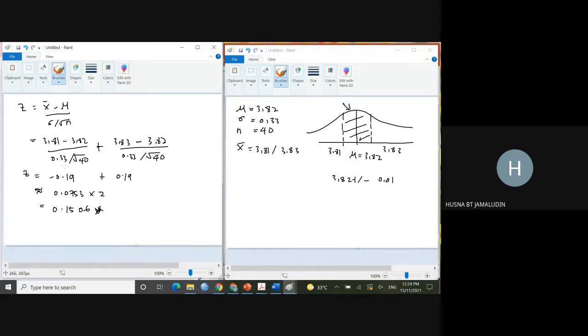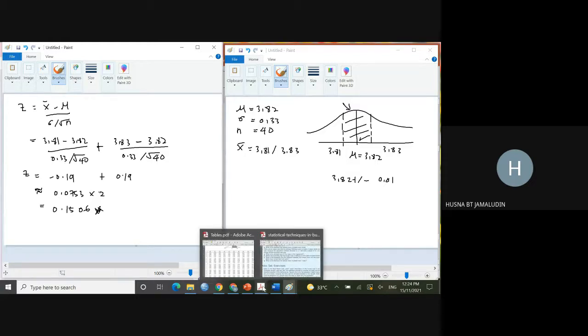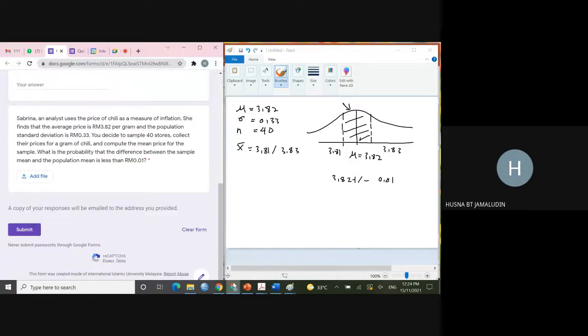Okay, basically the same question. If let's say the question, instead of less than 0.01, they said, what is the probability that the difference between the sample means and the population mean is more than 0.01? Instead of less, it becomes more.